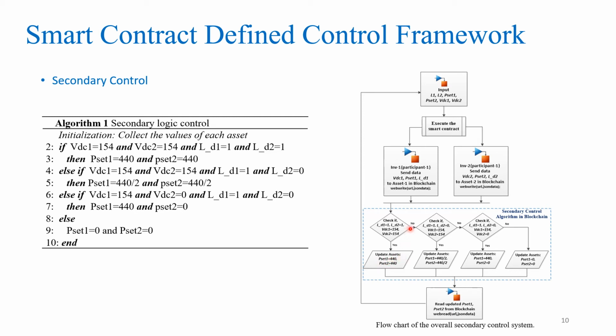If it is not true, then we want to go through another condition to check whether it is true or not. The second condition is that both of the inverters are still available, but the load demand is now half. So in this condition, if it is true, then we want to set our active power set points for both of the inverters as half of their full capacity.